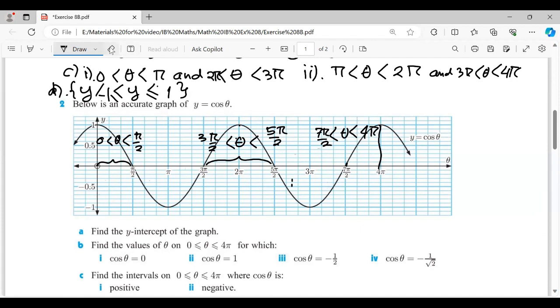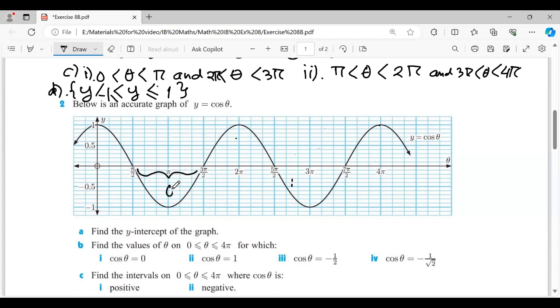If cosine is negative, the interval is theta greater than pi over 2, less than 3 pi over 2, and this interval as well, theta greater than 5 pi over 2, less than 7 pi over 2.